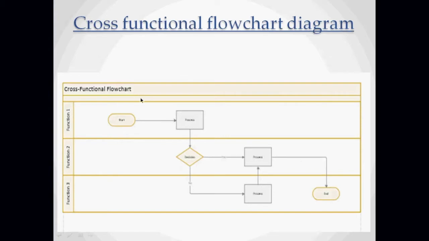You call it a pool, then you call the parts different lanes. You can use this to represent a team, a role, like a line manager or HR manager, or even different organizations. So you can really know who is doing what and the handoffs as well.